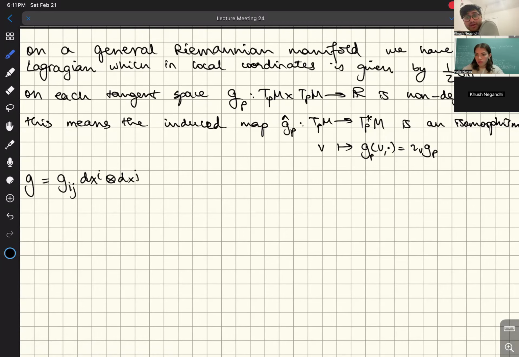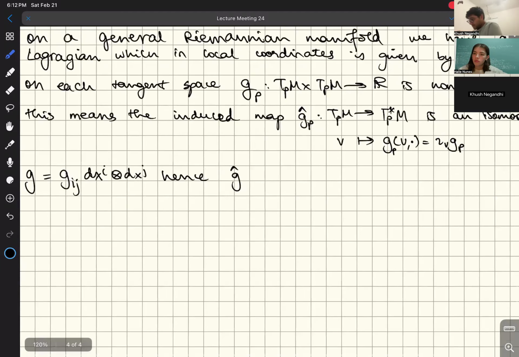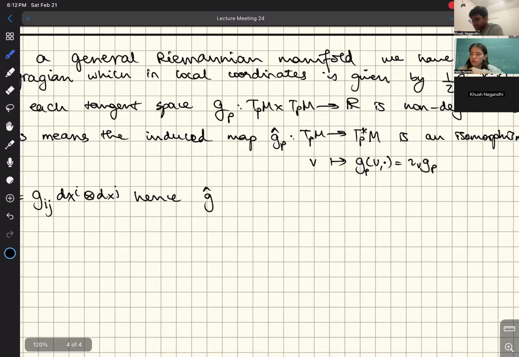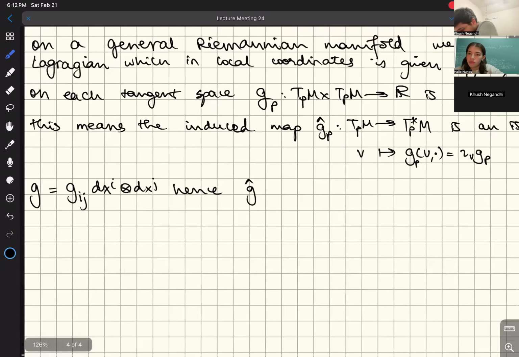This means that G hat, in these coordinates, takes in, let's actually write this out.